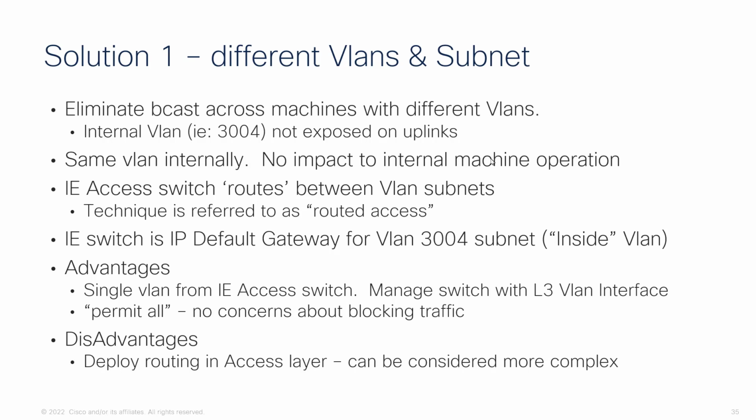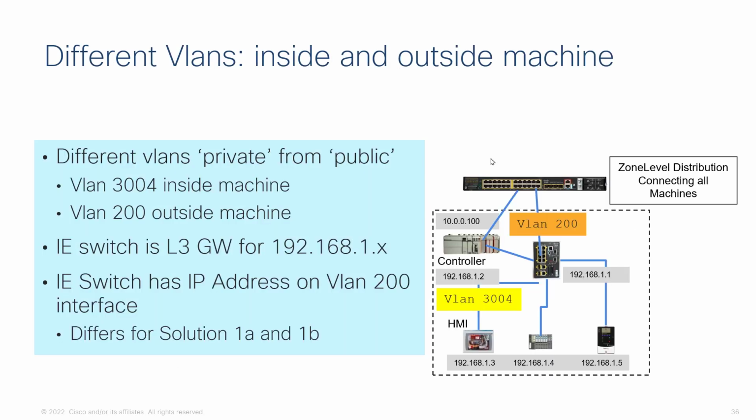And the advantages are a single VLAN from which you have to manage the switch. There are no concerns with the permit all about blocking traffic, but the disadvantage is you are now deploying routing in the access layer, at least for those devices which you want to translate, and this can be considered more complex if you're uncomfortable with routing in the access.